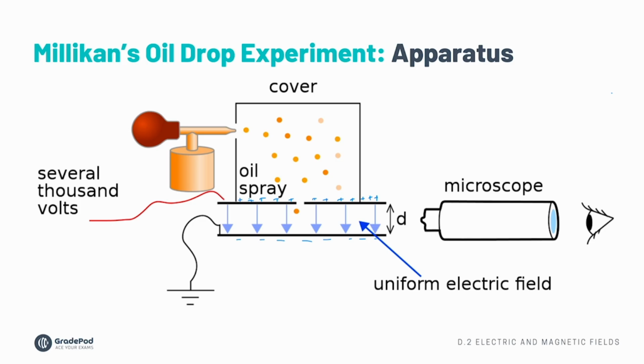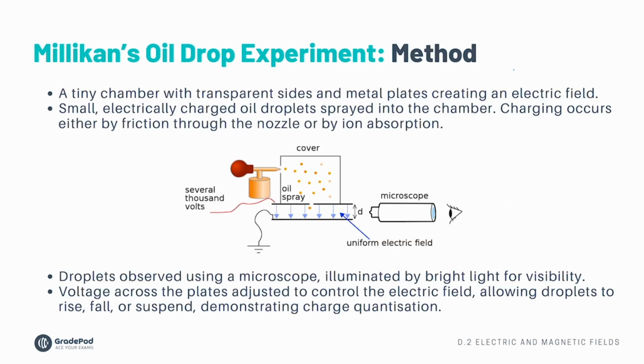The tiny oil drops come into this electric field, and Millikan, here's Millikan's eye here, Millikan was watching these oil drops through a microscope. Here's the method. We've already talked about this tiny electric field, and it's got transparent sides here where the D is, and that allows Millikan to see into this tiny chamber. Oil droplets are in the cover, and while they're in there, they've actually been charged.